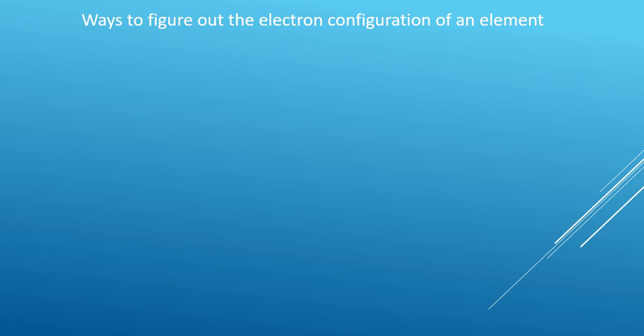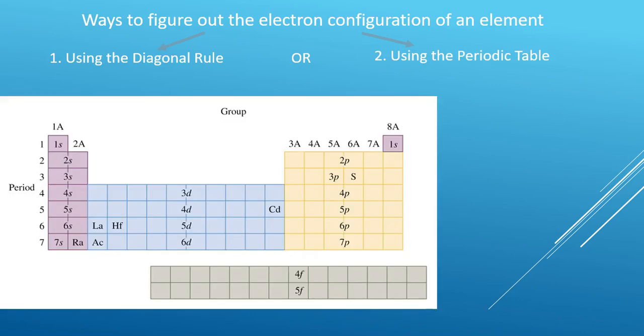Okay, so to summarize electron configuration, we can actually use 2 ways to write it. One way would be using the diagonal rule that I showed you at the beginning, and I suggest that you practice a lot how to write that diagonal rule diagram, and the second one is using the periodic table. So let's say, for example, you have a blank periodic table like this one.